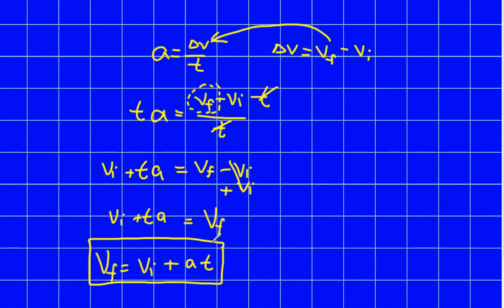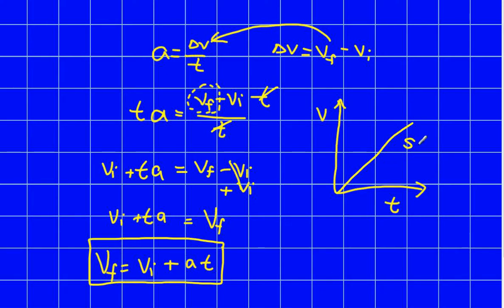However, there's one situation where we really want to talk about the original equation, and that's when we take a look at a velocity versus time graph. Let's say we have something that's a linear relationship.